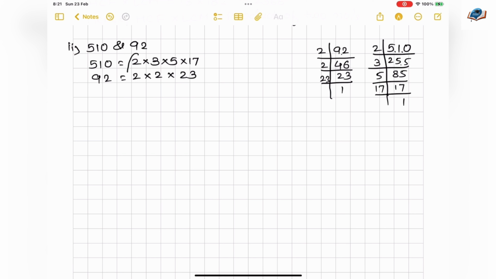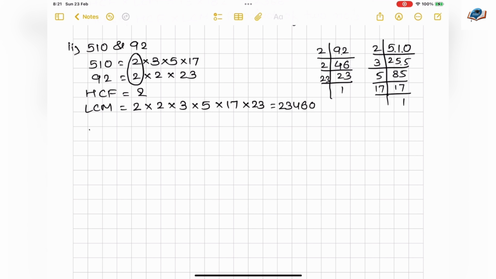Now common is 2, so HCF is equal to 2, and LCM is equal to 2 into 2 into 3 into 5 into 17 into 23. So LCM will come as 23460.